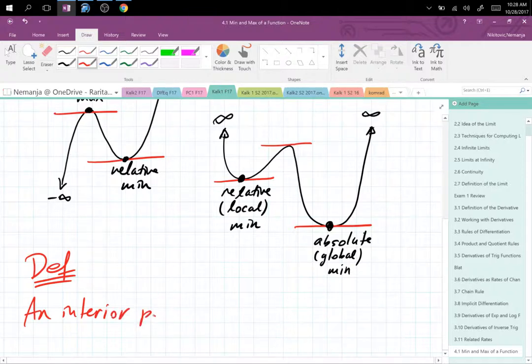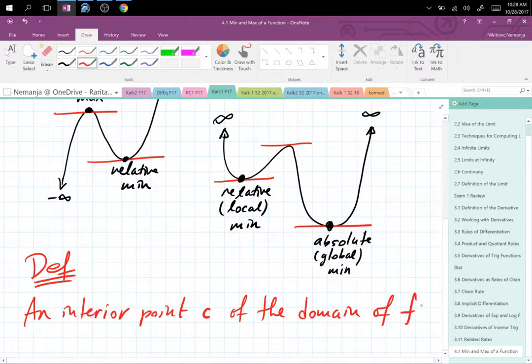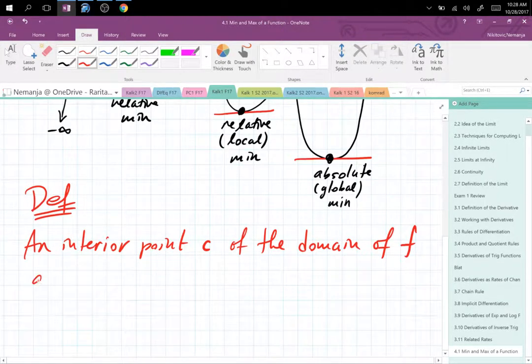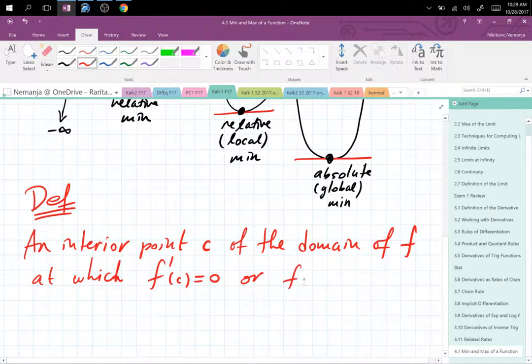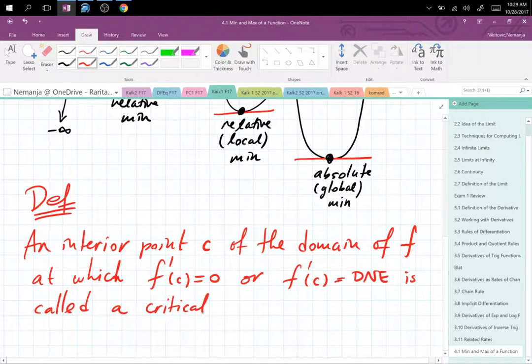An interior point C of the domain of f at which f prime of C is 0 or f prime of C does not exist is called a critical point of f.